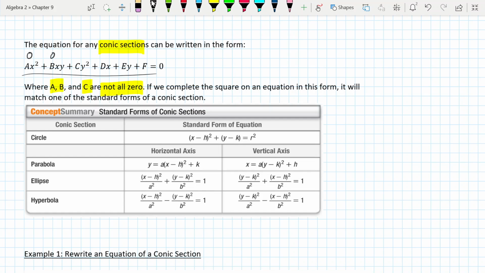So at least one of them has to be non-zero. It could be the C, it could be the A and the C. It doesn't really matter, but at least one of those things has got to be not 0. And if you're given an equation in that form, it can be rewritten as any of the ones we're familiar with: circles, parabolas, ellipse, or hyperbola.